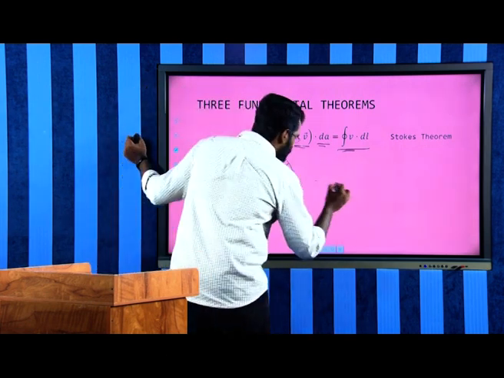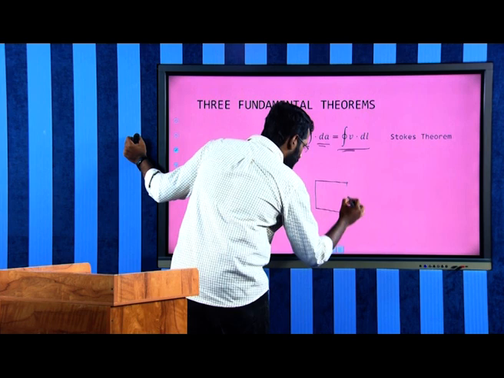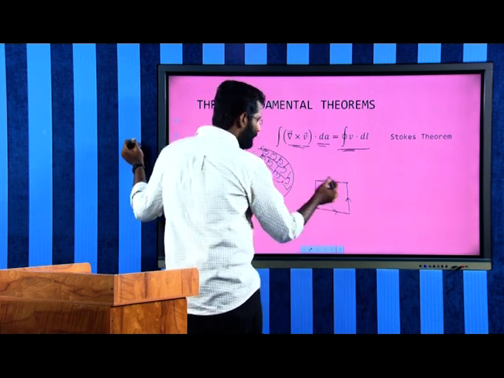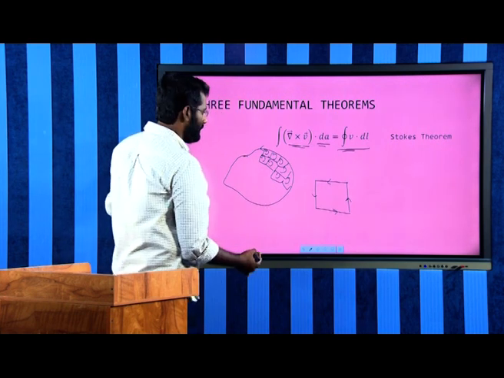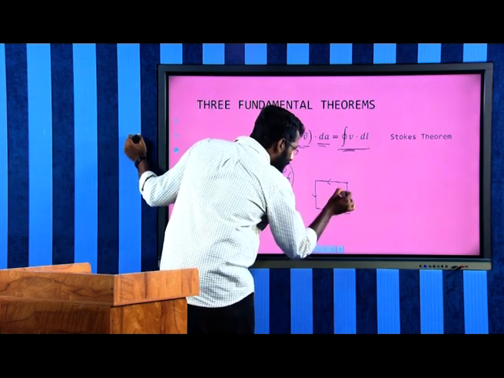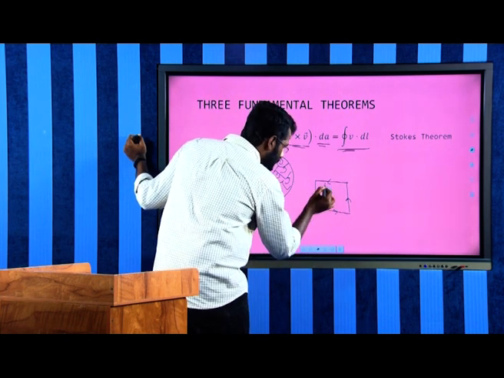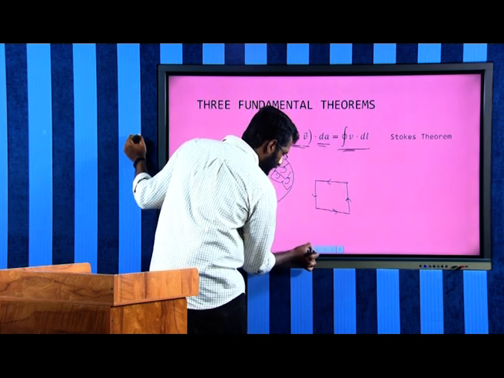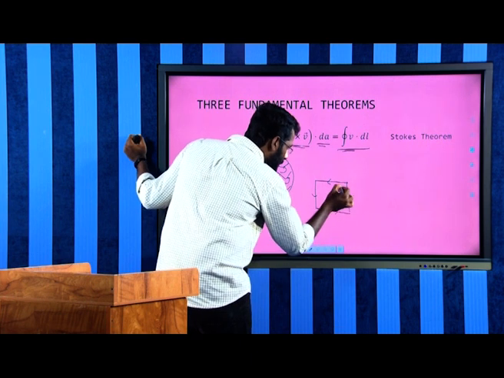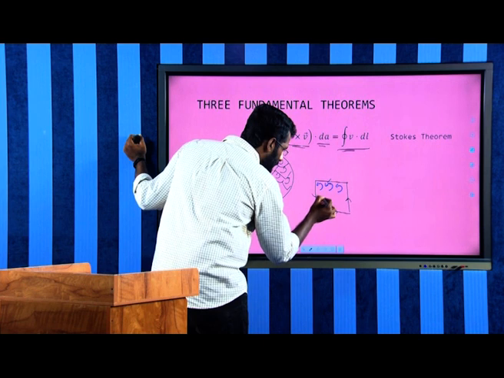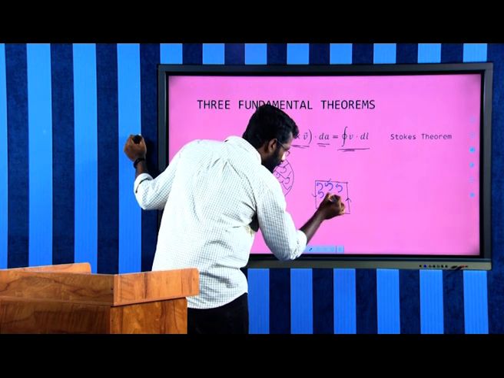Let us see, we draw it something like this. So we can calculate this line integral. But before that, let's look at how we can learn this physically. So this is 1, this is 1, this is 1, this is 1.